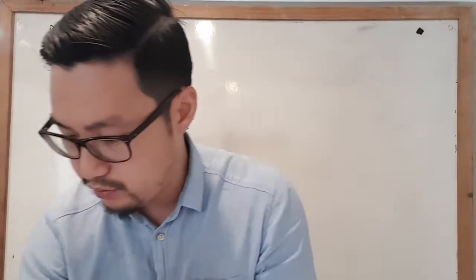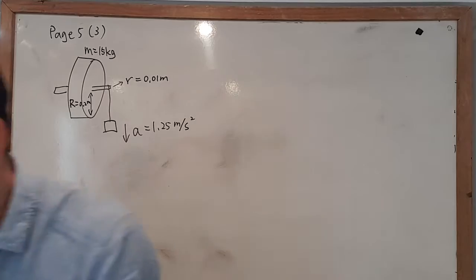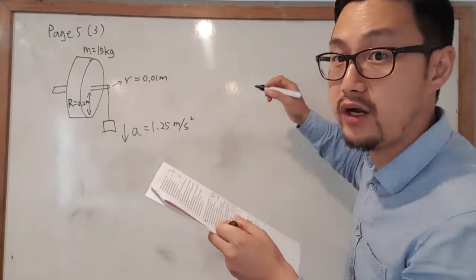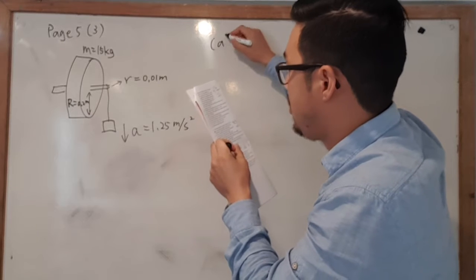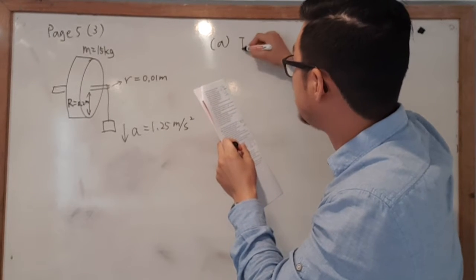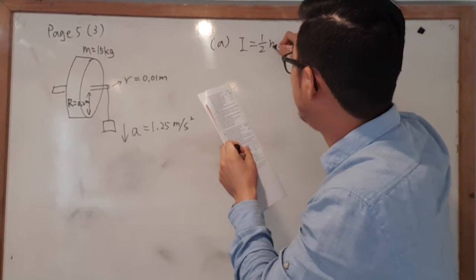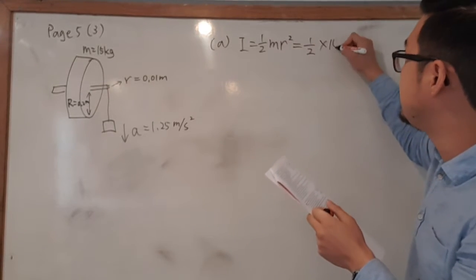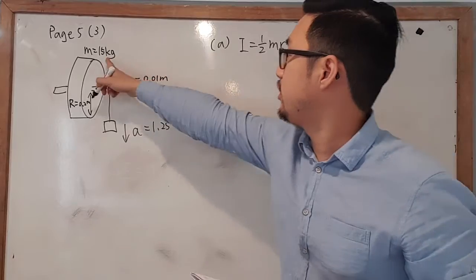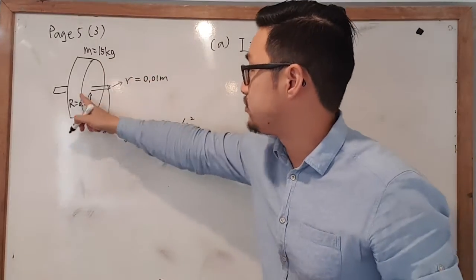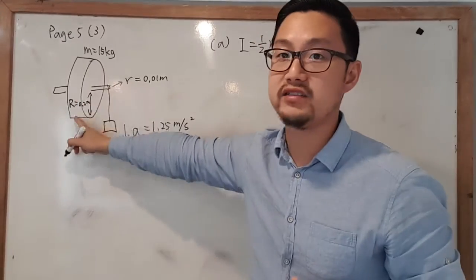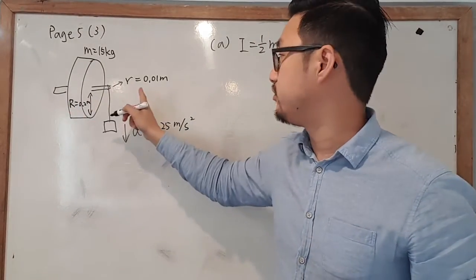First, calculate the rotational inertia of the flywheel, given the rotational inertia of a solid disc. That's pretty straightforward. We just use the equation: rotational inertia equals half m r squared. So put the numbers in: half, the mass is 15 kg, and the radius we use is this big radius, because that's where the mass is actually distributed, not this axle.